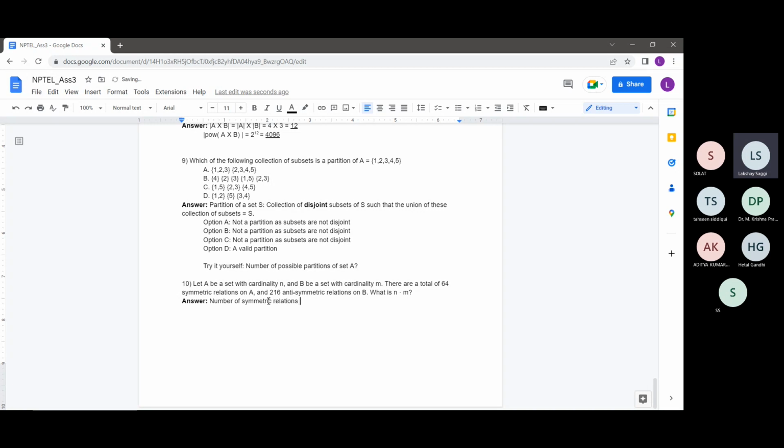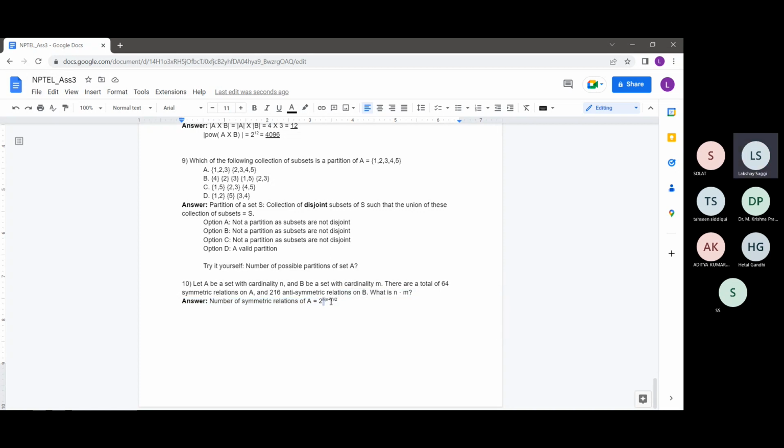If A has cardinality n, as given in the question, the number of symmetric relations is equal to 2 raised to the power n times n plus 1 by 2.